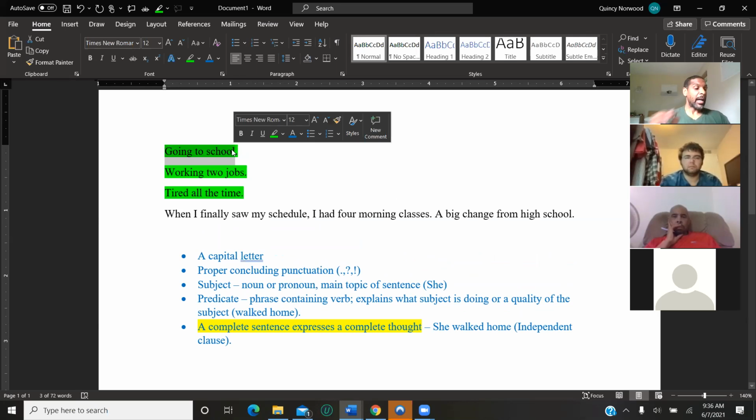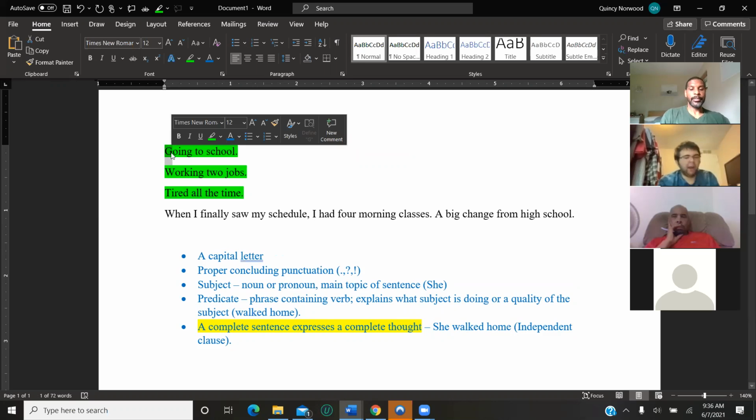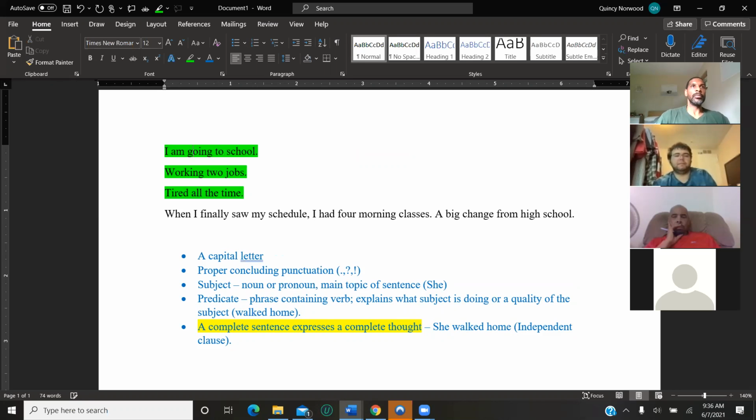Okay, and I think a lot of times a mistake that we make as writers is we'll say this part in our head, or we'll expect our reader to understand what we meant. Okay, now we're getting there.